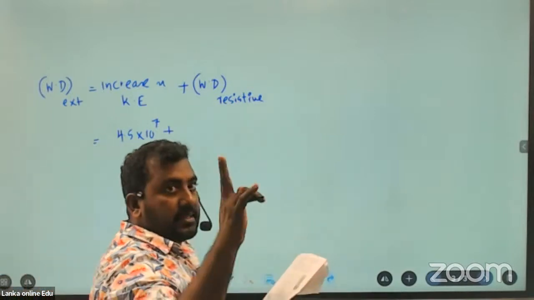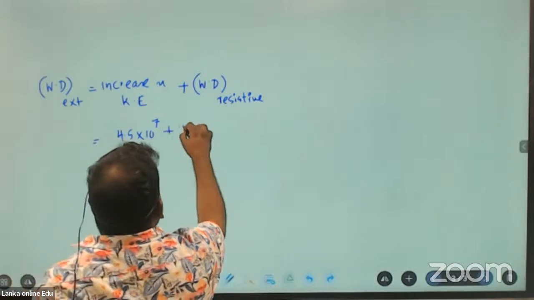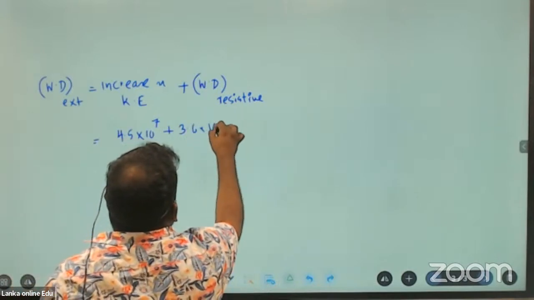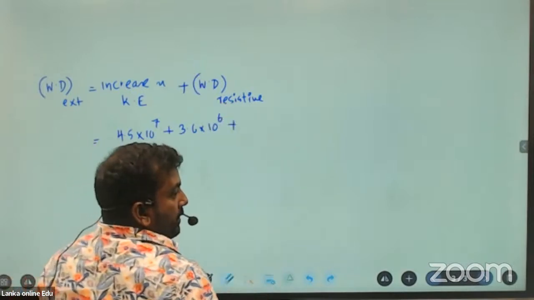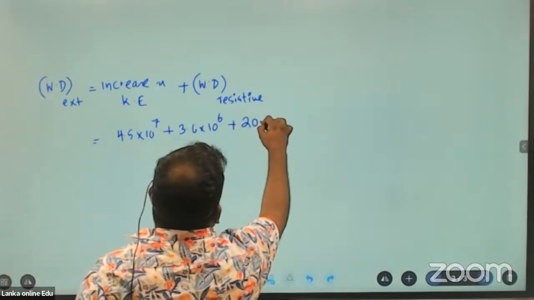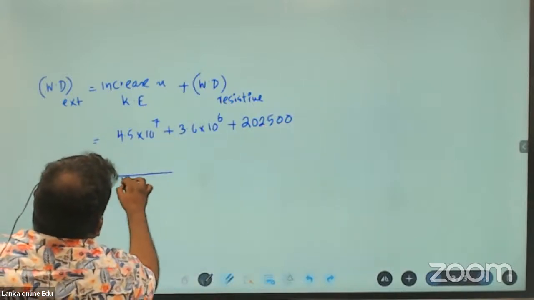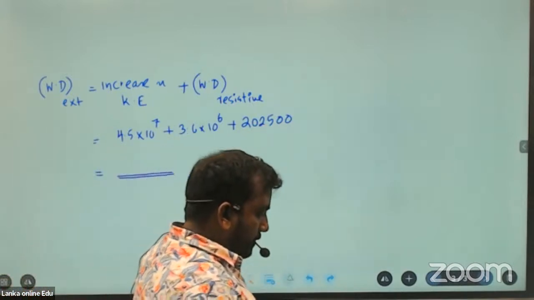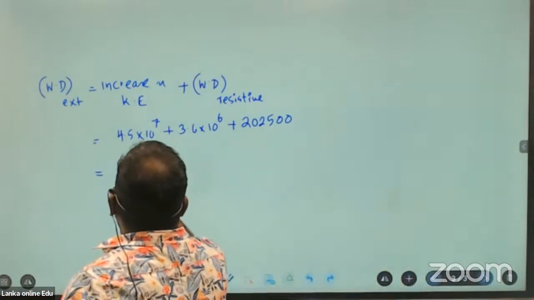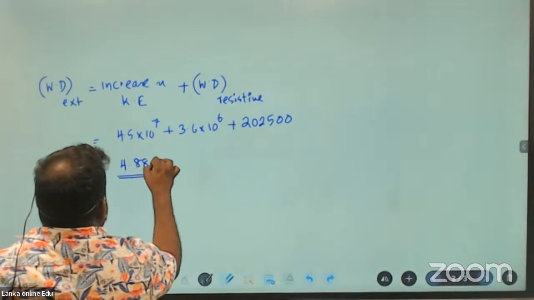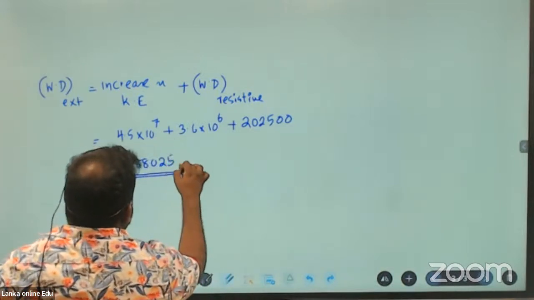There are two resistive forces. One is frictional resistance, 3.6 10 to the power 6, plus work done by air resistance. Total work done you can find: 4.88025 10 to the power 7.